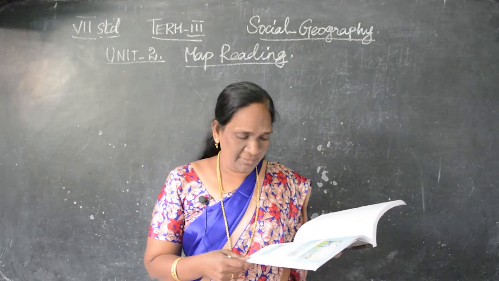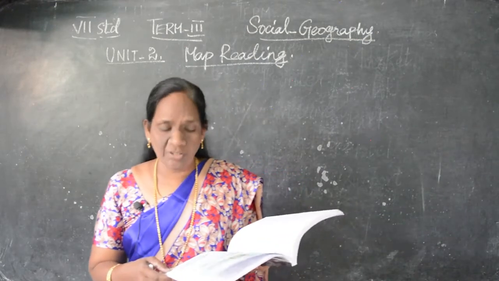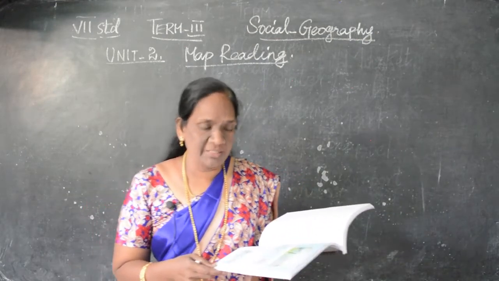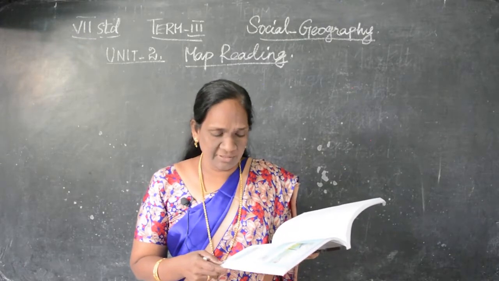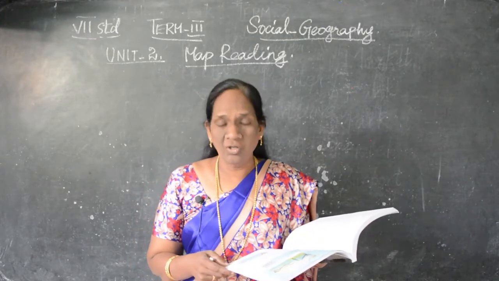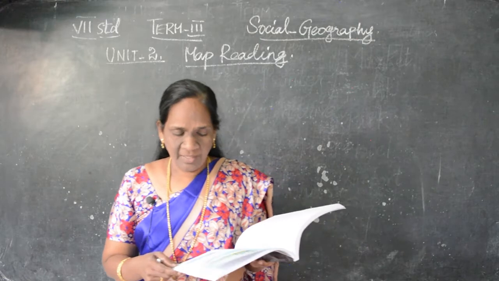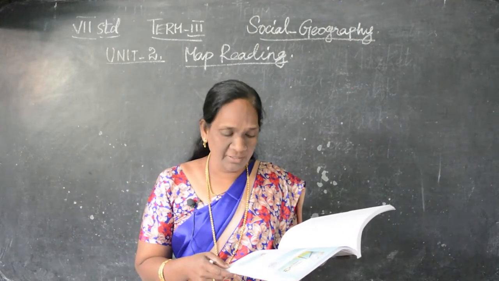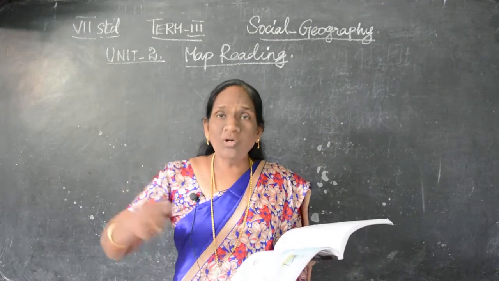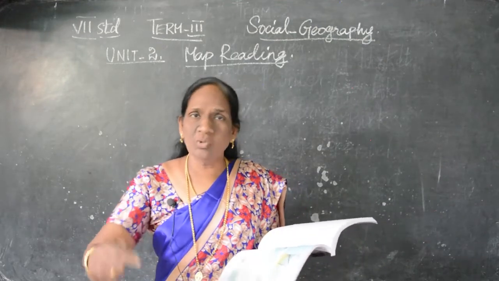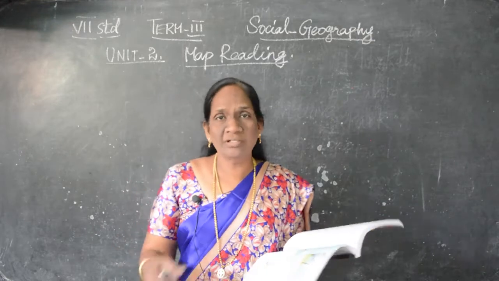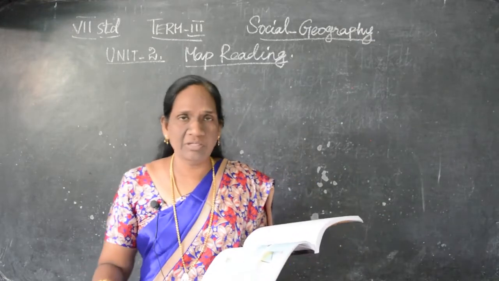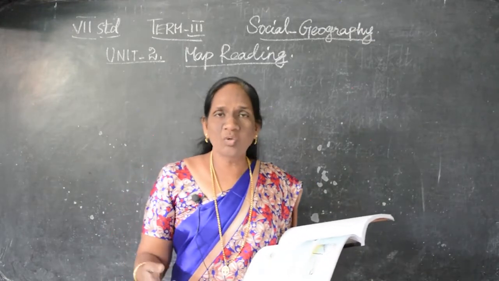Okay. And it can show the continents, countries, cities, and even the total area, that is the local area drawn with specific detail. And these maps are very easy to handle, to carry, and they can be rolled up also. Have you seen maps? If you come to school, Miss can take the maps and show you. Okay, so I'll show you the maps.